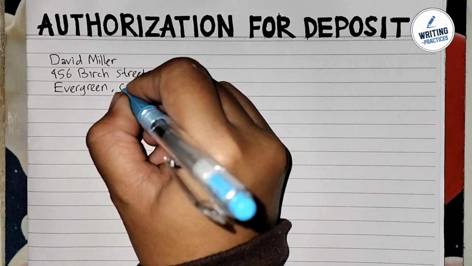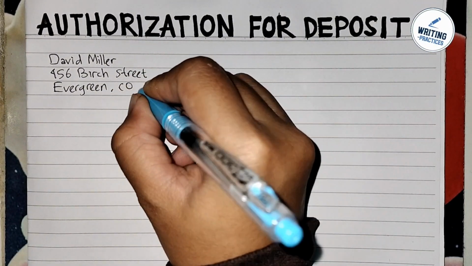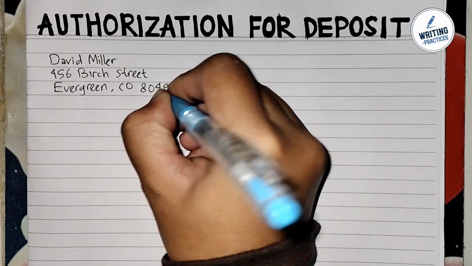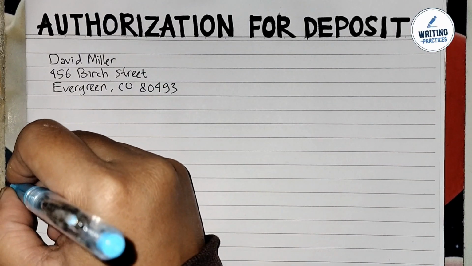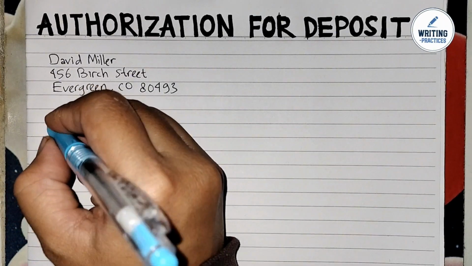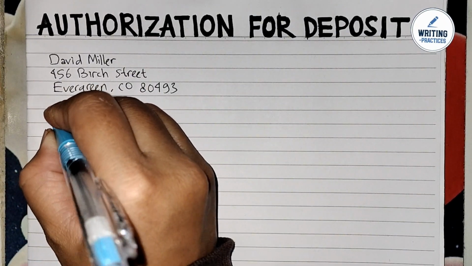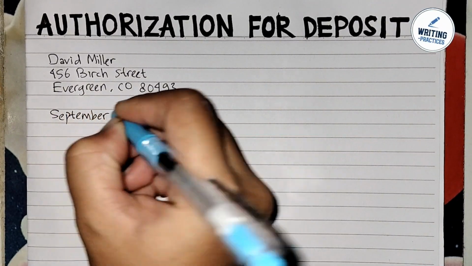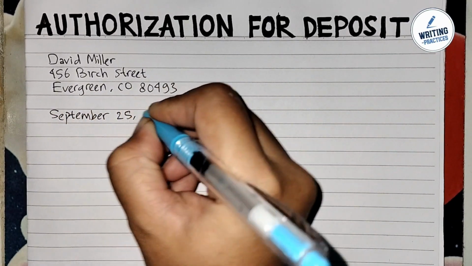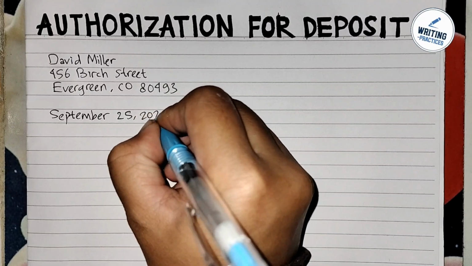The letter typically includes the account holder's name, bank account details, and explicit consent for the deposits, ensuring that the transactions comply with banking regulations and protect both the account holder and the depositing entity from potential errors or fraud. Here, Writing Practices will show you how to write an authorization for deposit letter step by step.